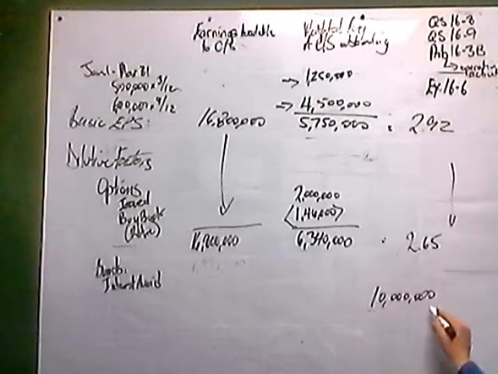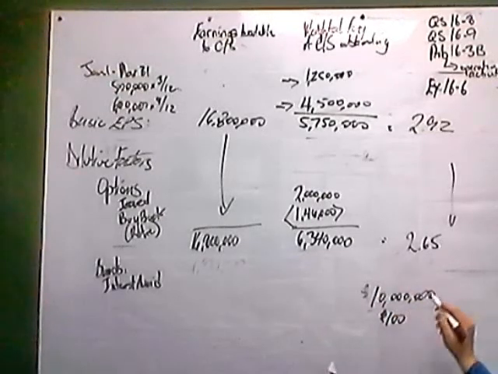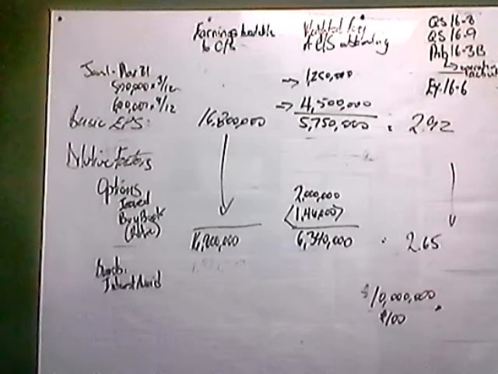So 10 million divided by $100 units gives us 100,000 units.